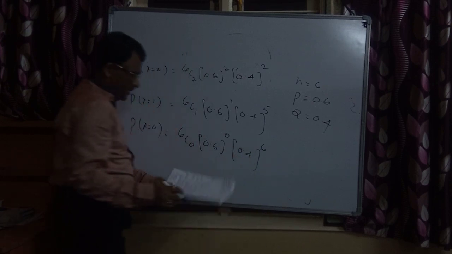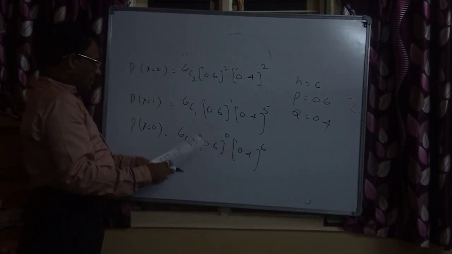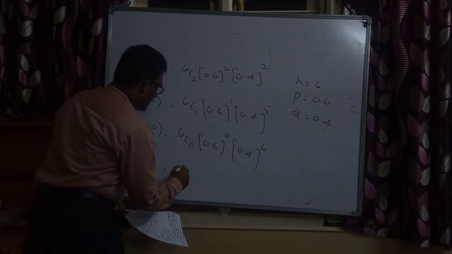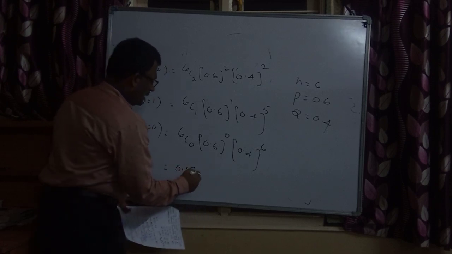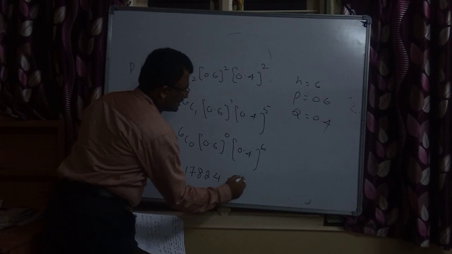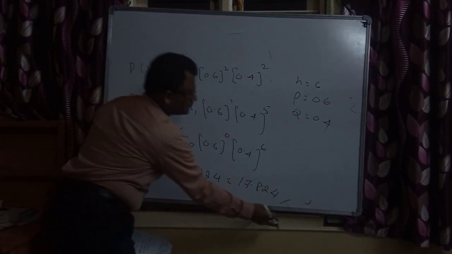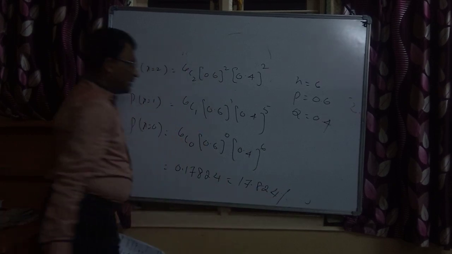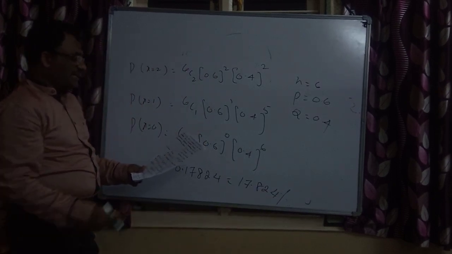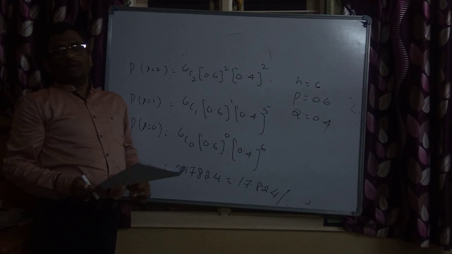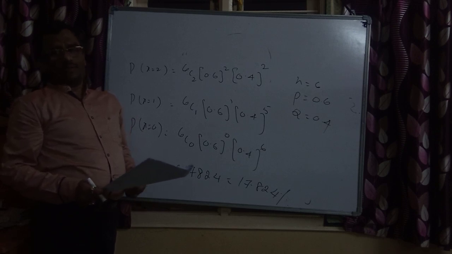If we simplify this and add, it's going to be somewhere around 0.17824. This is equal to 17.824 percent. That's the chance that maximum 2 are expected as BPL card holders.